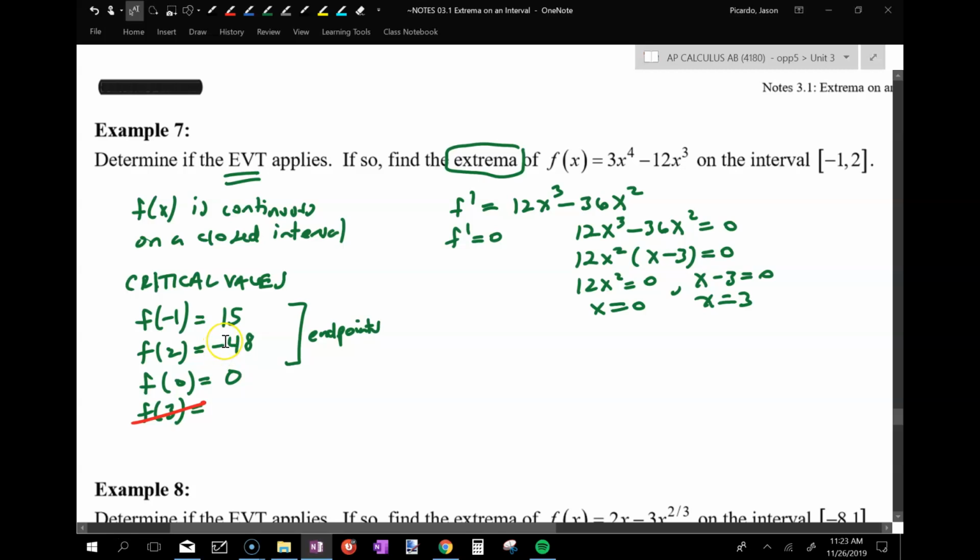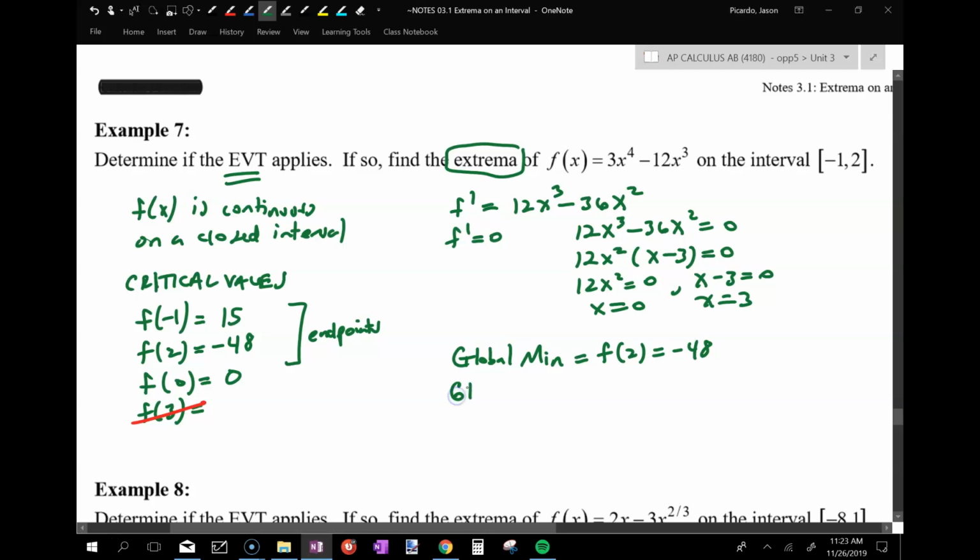Which extrema? The absolute min, the global min, right? There's no point on that graph that's going to be less than this. Agreed? So the global or absolute or just the word minimum has got to be at f of 2 equals negative 48.